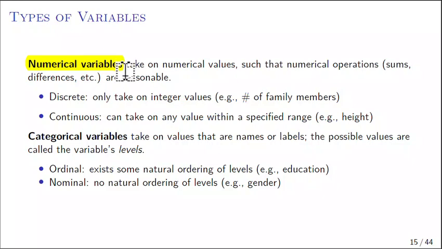There are two kinds of numerical values. The first one is the so-called discrete, for example, the number of family members. Most of the time we mean count variables, so they take integer values.